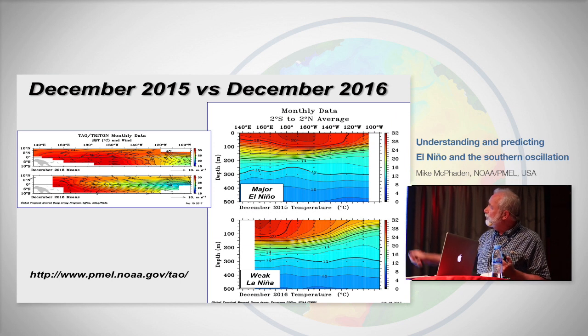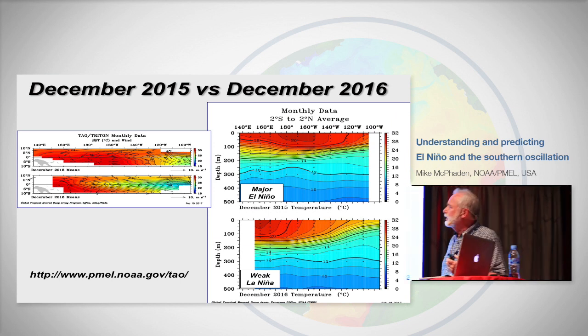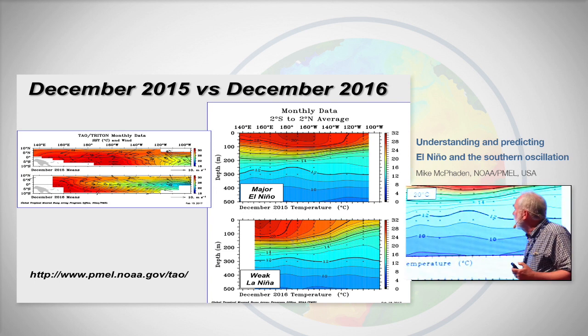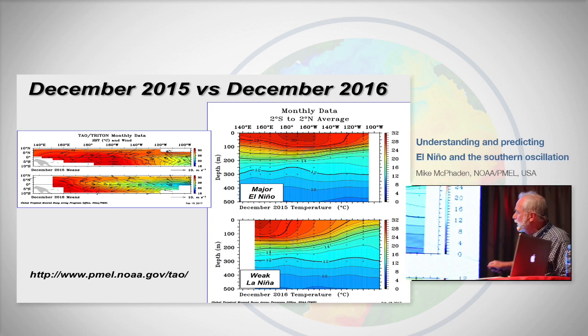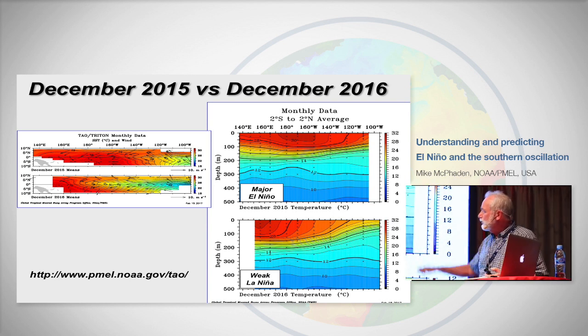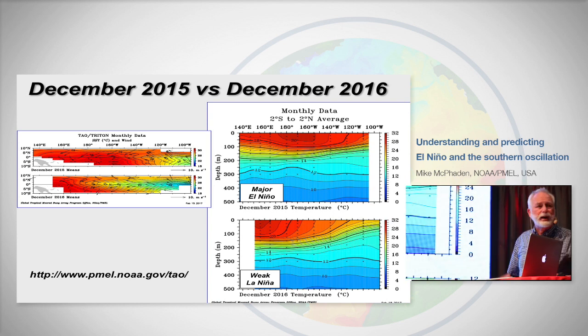And then this is just for December 2015, showing you the anomalies. We saw this before, but here are the anomalies below the surface along the equator associated with this flattened thermocline. You can see a dipole structure, warm in the east, cold in the west. That's basically saying that the thermocline is flattened out.